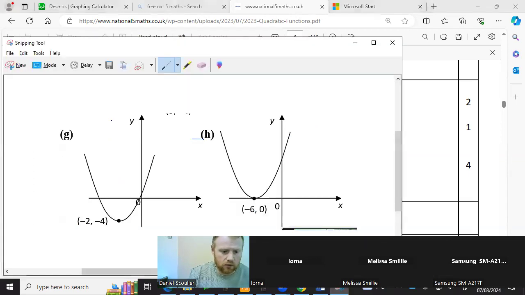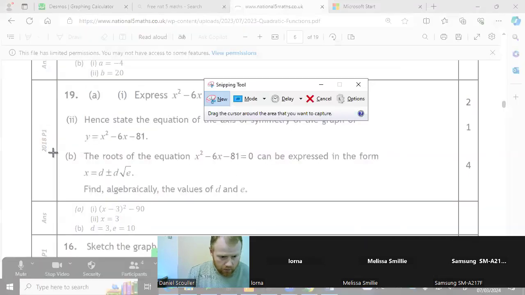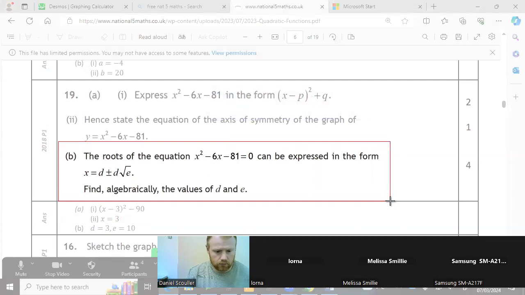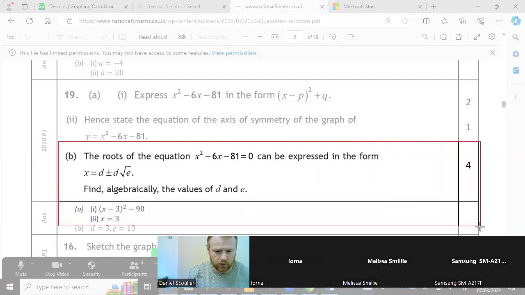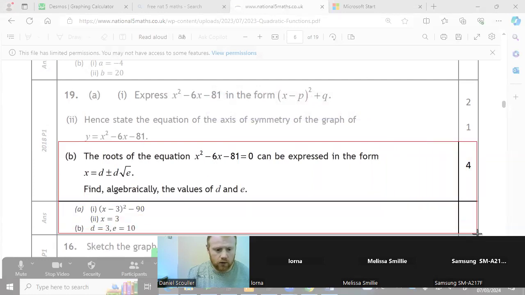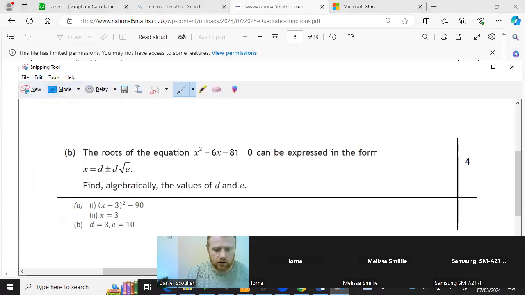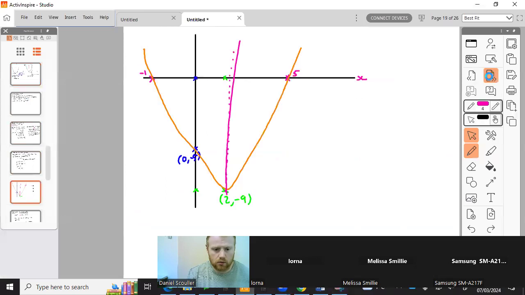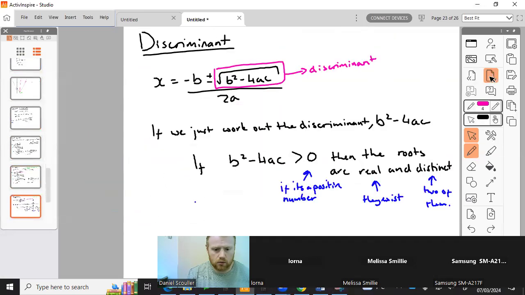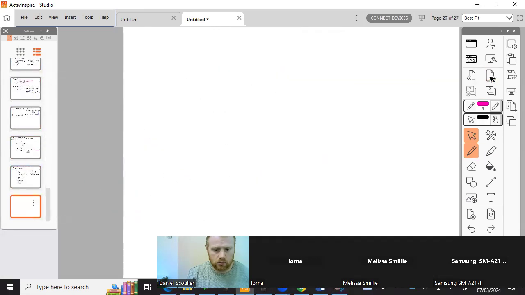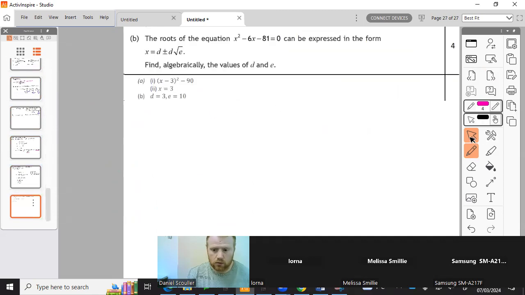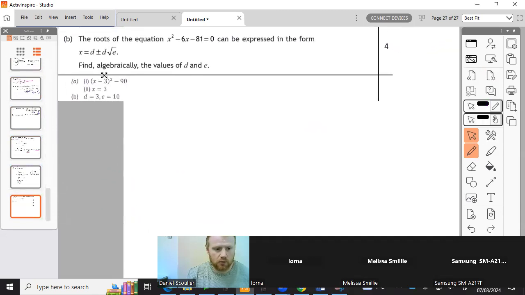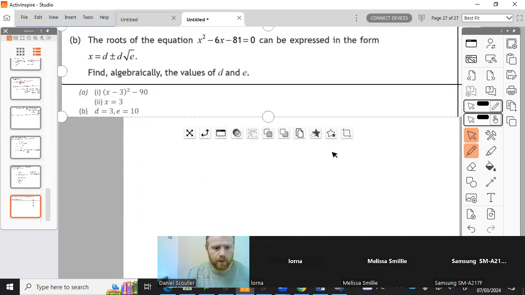I don't know what that's asking. Right, this is worth 4 marks. What I assume this is asking, it's just this second bit that's thrown me a wee bit.